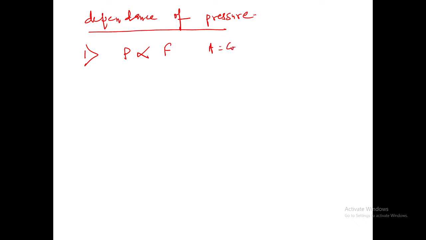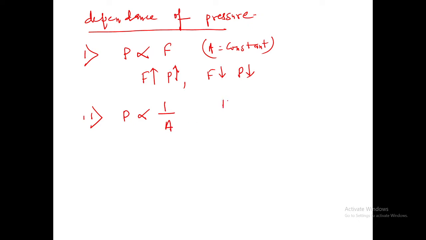If area is fixed, of course if force is more, pressure will be more, and if force is less, of course pressure will be less. Second factor, pressure is inversely proportional to area if thrust is constant. That means if area is more, pressure will be less, and if area is less, then pressure will be more.